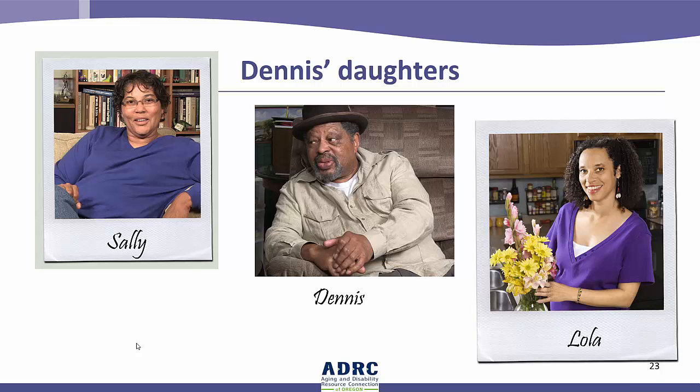As they talked, it became apparent that the two sisters were both feeling burdened and resentful. Again, Sally really enjoyed relaxing and socializing with her father, but she had lost that aspect of their relationship due to the many tasks that she had taken on. She resented the time Lola had on the phone with Dennis just being able to talk about enjoyable things. On the other hand, Lola wanted to be more involved and felt in the dark.